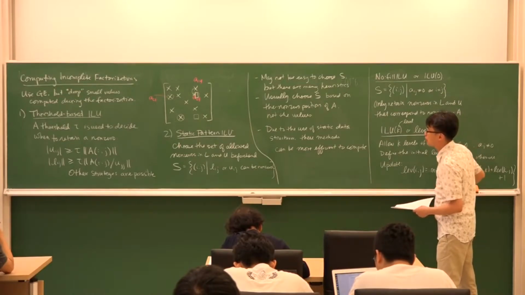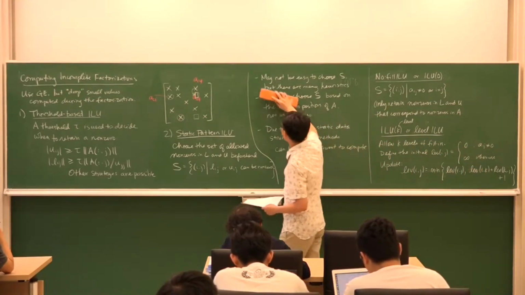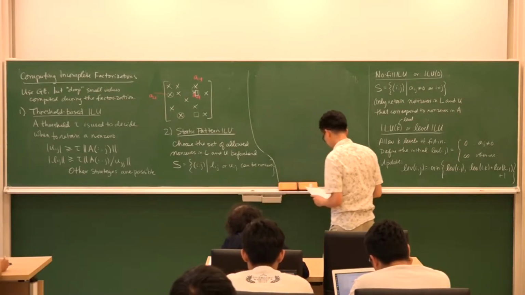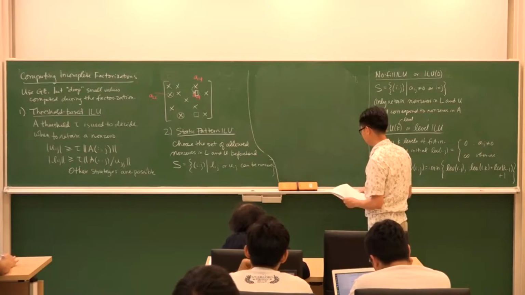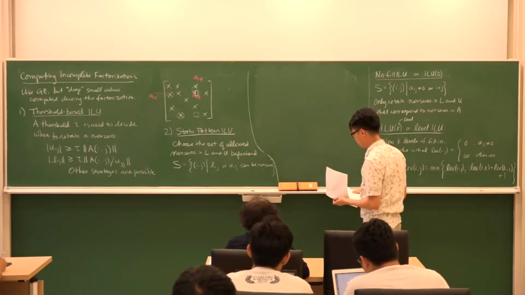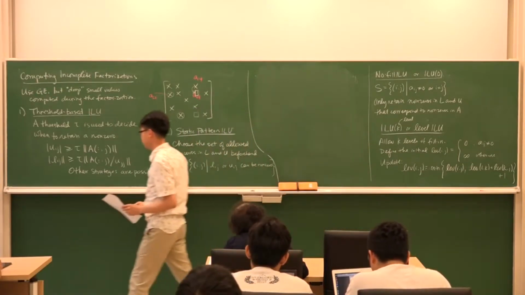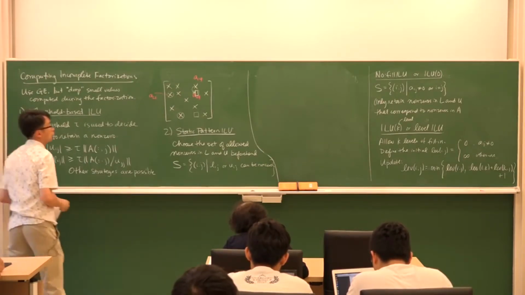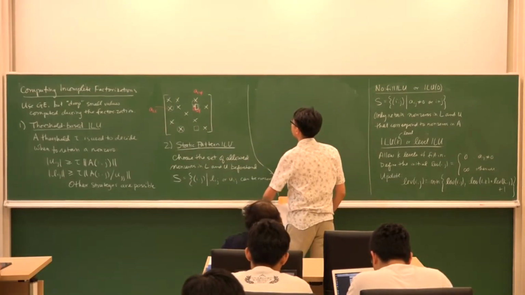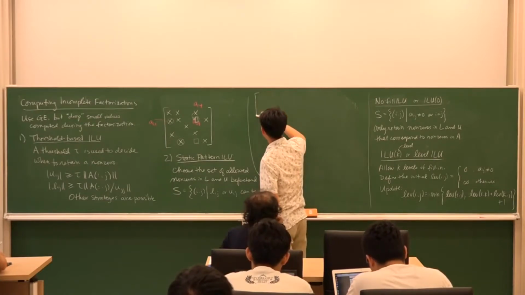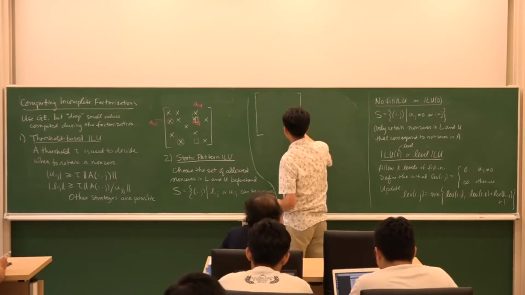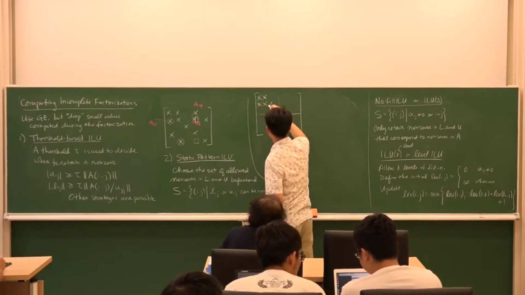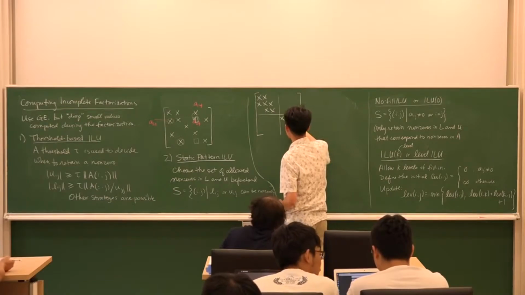We could actually do a more complicated example. Let me write that over here. So, a 6 by 6 matrix.